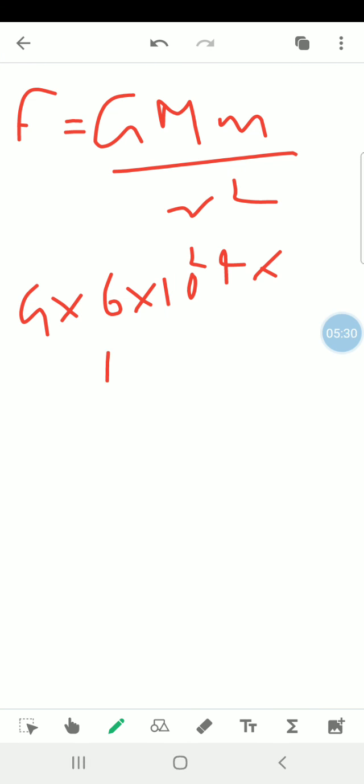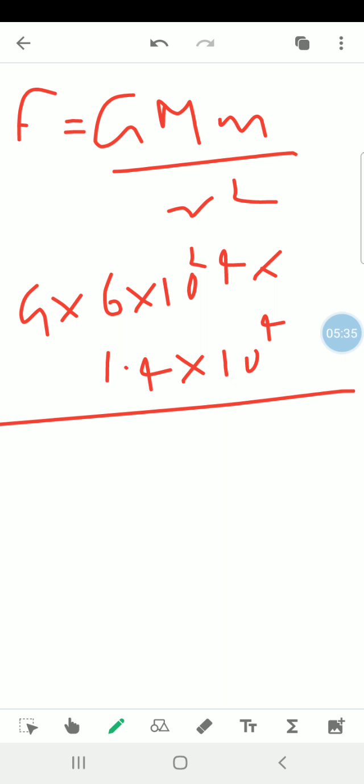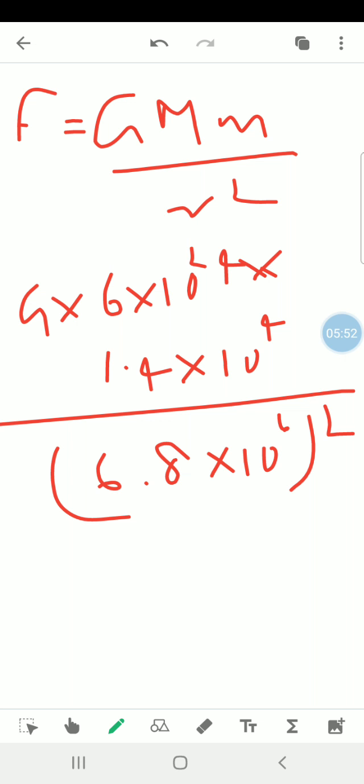I will write it here, 1.4 into 10 to the power 4. And this total thing needs to be divided by the separation, which is 6.8 into 10 to the power 6, and that has to be squared.